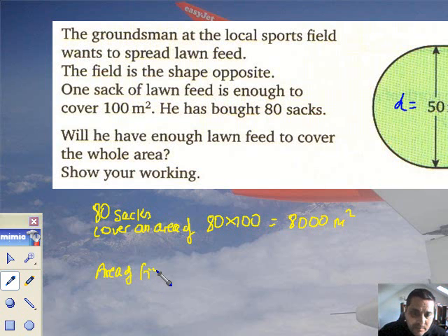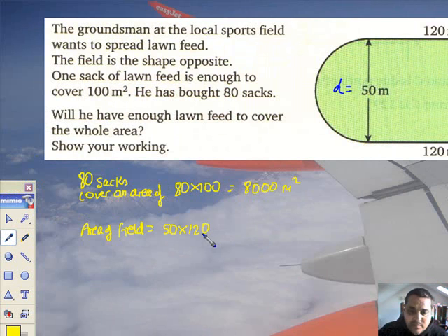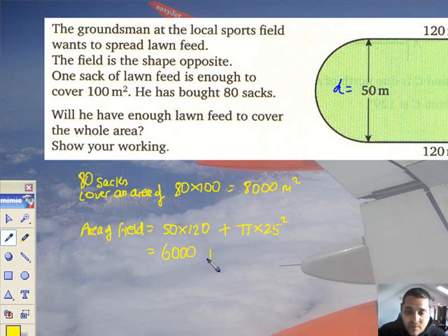Area of field is going to be 50 times 120, that's the rectangular part, plus pi times the radius of the field squared. Alright, high level you can do this. Right, 50 times 120 leaves me with 6,000 meters squared alone, just the central rectangular part, plus pi r squared.